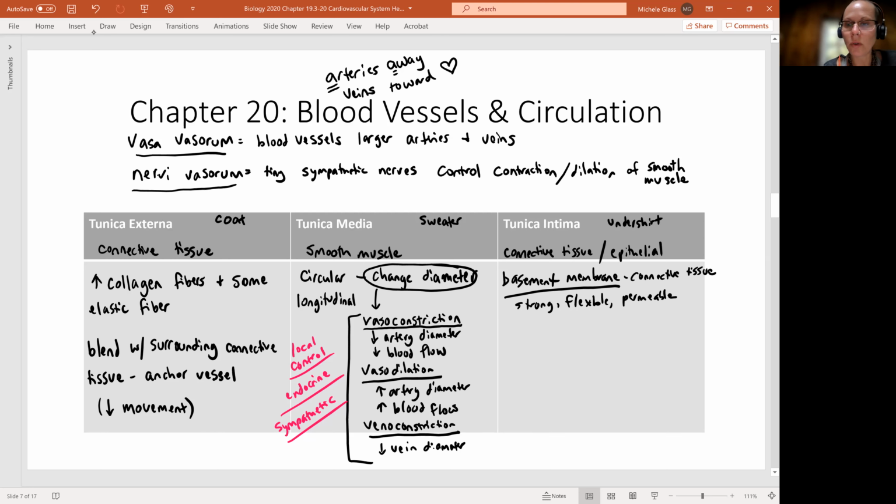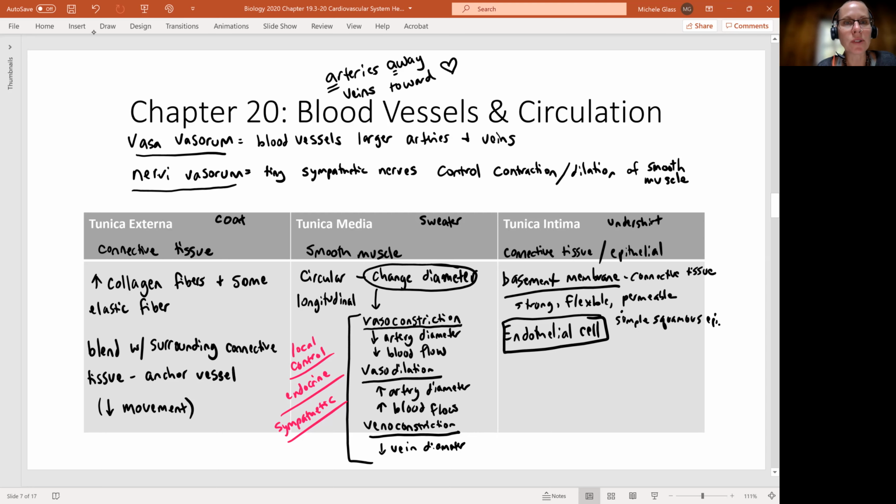We also are going to see what's described as the endothelial cell. We sort of mentioned these before when we were talking about blood clotting and the vascular phase. The endothelial cell is the simple squamous epithelial tissue that's lining the entire cardiovascular system.